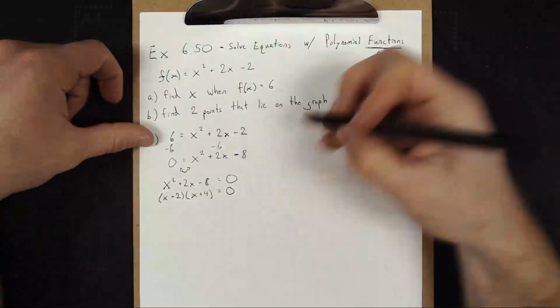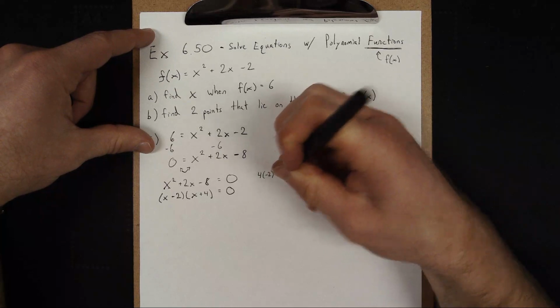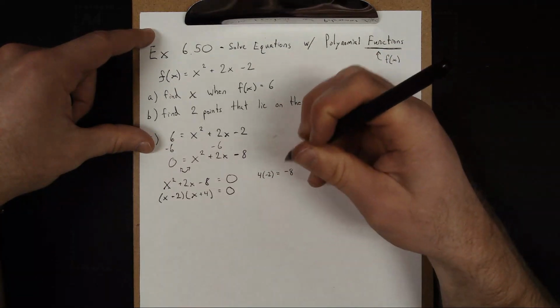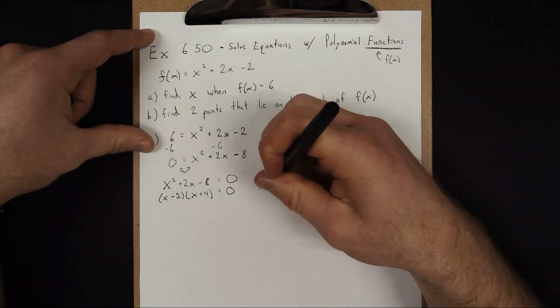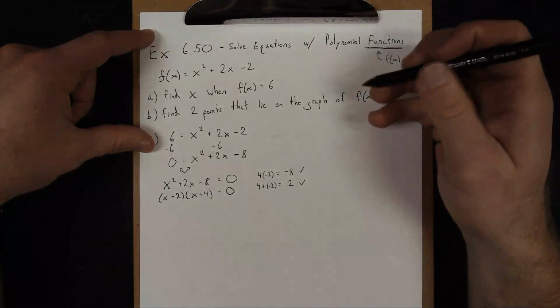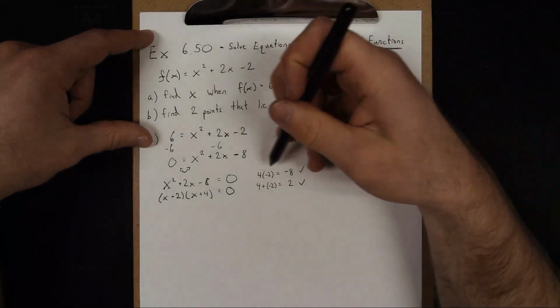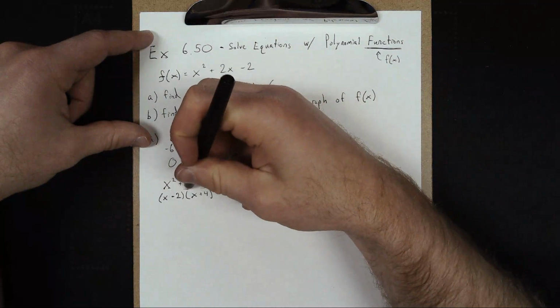Okay, because if we look here, 4 times negative 2 is negative 8. Okay, so that checks out. And then 4 plus negative 2 is equal to 2. So that checks out. Right? Negative 8, 2.